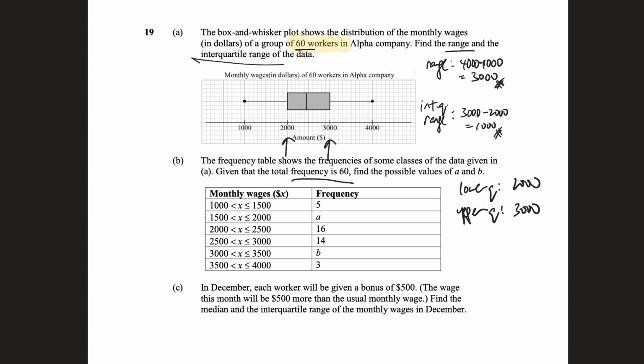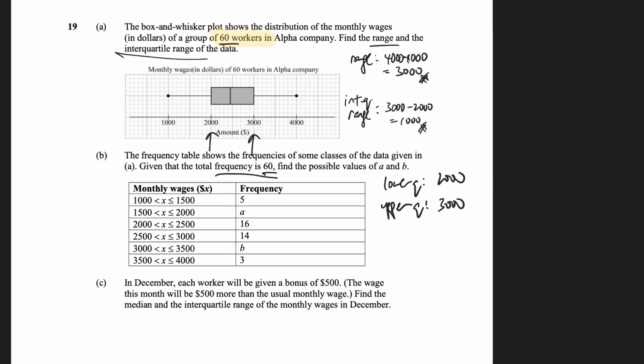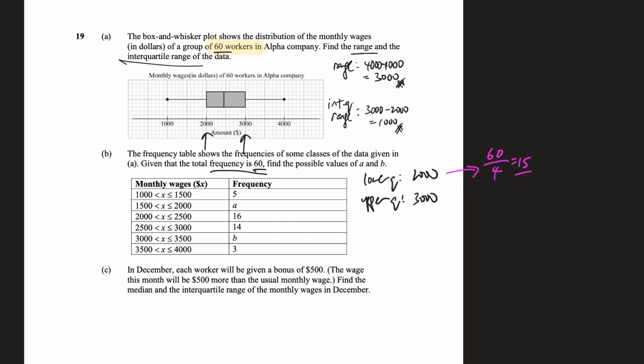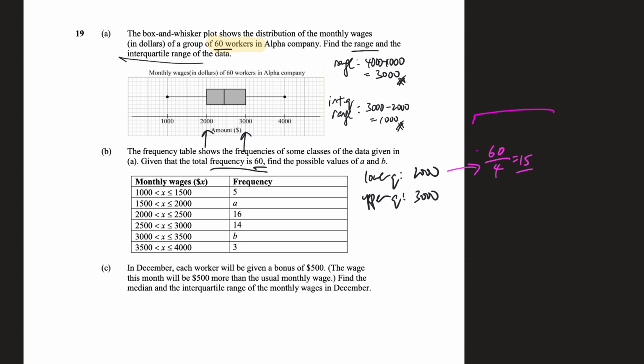We know that the frequency is 60, so for the lower quartile, I'm going to write it in pink here, this is the 15th worker, because there are 60 workers in total and I divide by 4. So the lower quartile will give me 15. If it's not that clear, see it this way: 60 workers, so the 30th worker here.